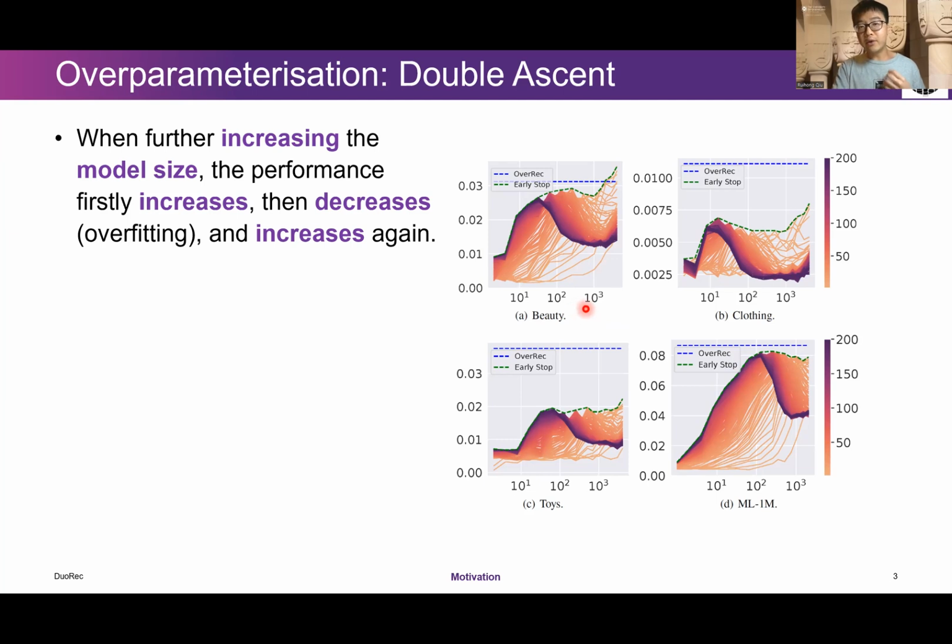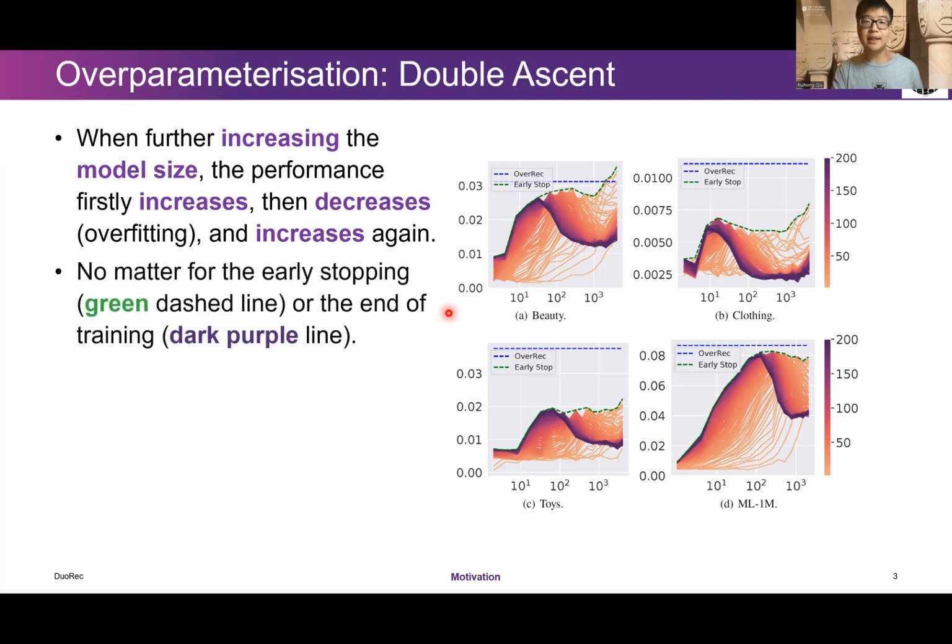But when we increase the model size even more, for example to 1000 or even more, we can see that the model performance will gradually become even higher. So the performance first increases, then decreases, and then increases again. We can even see that for this green dashed line, which means applying early stopping for the best performance, or even just the deep purple line here, which corresponds to the end of the training after 20 epochs, they all give us this trend.